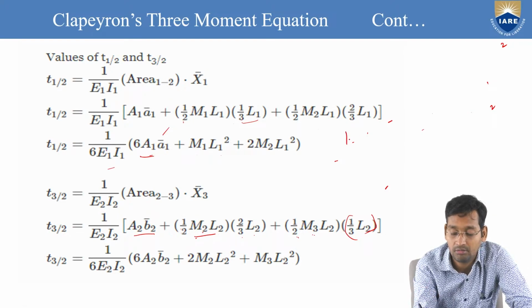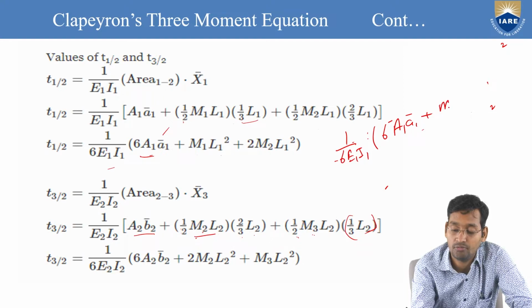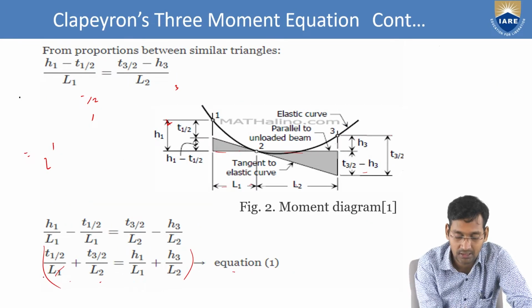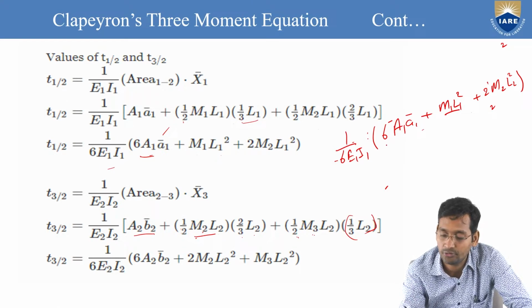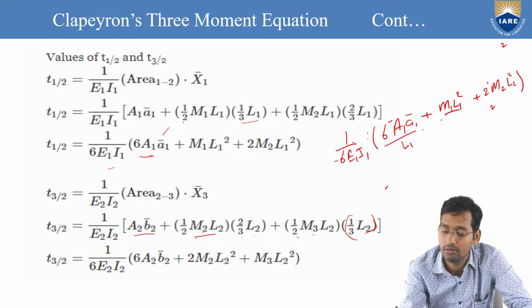So 1 by 6 E1 I1, into 6 A1 a bar 1 plus M1 L1 square, plus 2 M2 L2 square. Now what we are doing, let's see here, we divide by L, then we will get the first term. So let's divide by L1, by L1, by L1.